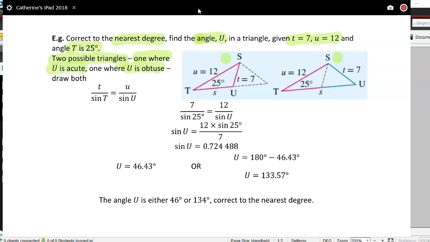In this first one, I've gone for the obtuse, where T equals 7, U equals 12, and the angle is 25 degrees. But we don't know if it looks like that one or if it looks like that one. So we can find both.